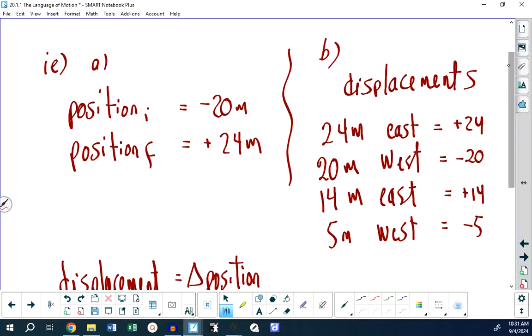Am I wrong in saying it's 13? I'm not wrong? It's 13. Okay.